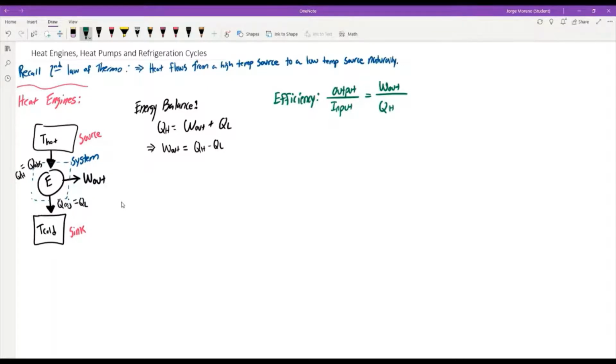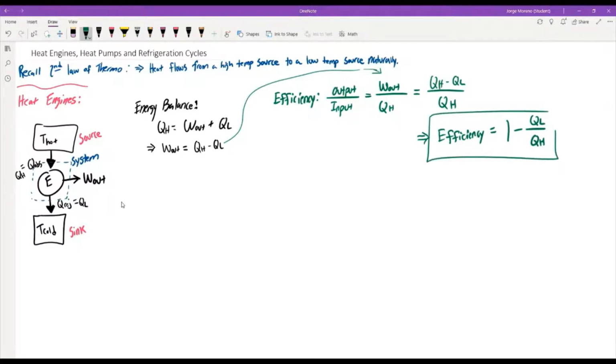Same thing. And if I substitute this work out equation, here we get the following: QH minus QL over QH. And then if I simplify that out, we get the efficiency is equal to 1 minus QL over QH. So that's the efficiency of a heat engine.